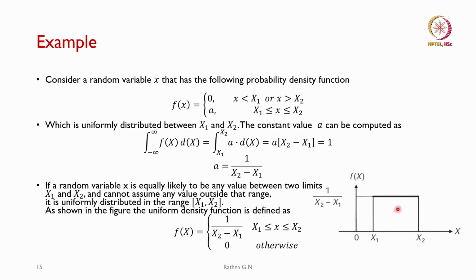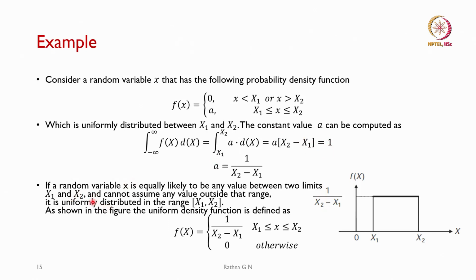As can be seen, the maximum value is 1 by x2 minus x1, and this is uniformly distributed between x1 and x2. So, a in this case is equal to 1 by x2 minus x1. That is the reason why we get 1 here.